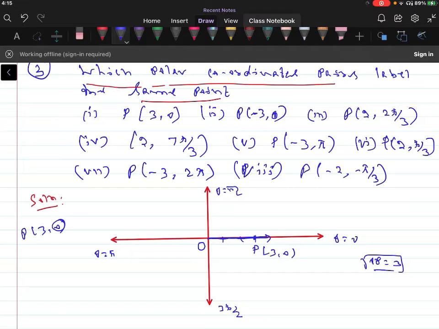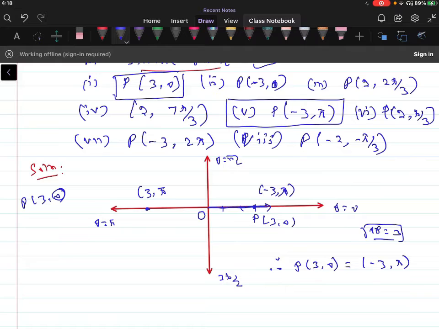Taking the point in the opposite direction, this point is (3, pi), so the opposite point is (minus 3, 0), and (minus 3, pi) is this. Therefore point P(3, 0) is the same as (minus 3, pi).